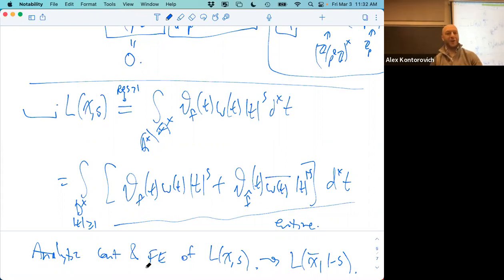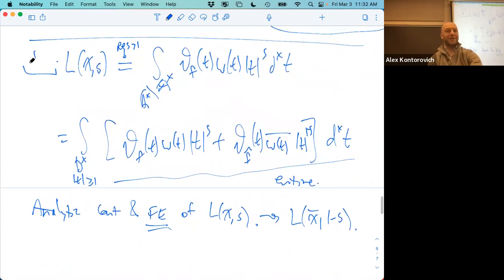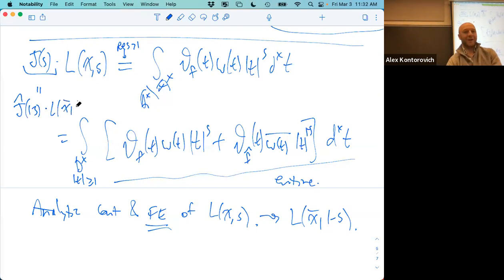It's just that the functional equation you get will be, if I have some junk here, let's call this junk of s, and now this says that junk of s times L of chi, s is equal to some other junk. I'm going to replace f by f tilde, by f hat. So I get some other junk at 1 minus s times L of chi bar at 1 minus s.